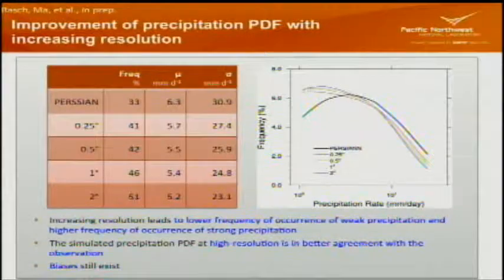So this is the frequency of occurrence of precipitation, and this is the mean of the precipitation events, and this is the standard deviation from a high resolution observational data and the 4 resolutions. And you can see that with increasing resolution, the models start to agree with the observations better.